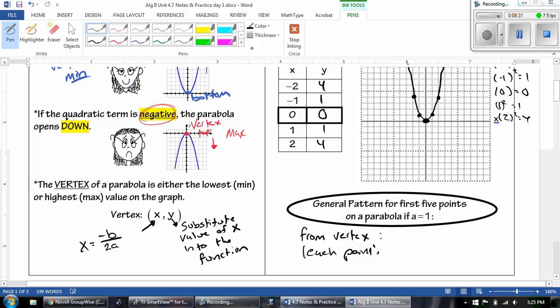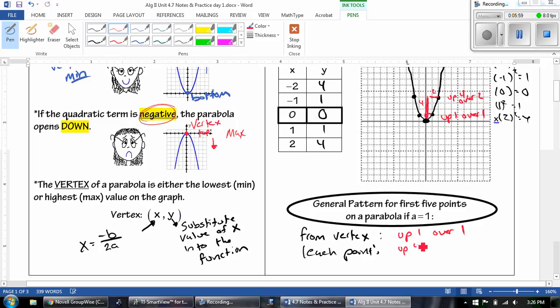To get to the first point, I go up 1, over 1. So what we did for the first one is we went up 1, over 1. To get to the second point, I need to go up 4, over 2.